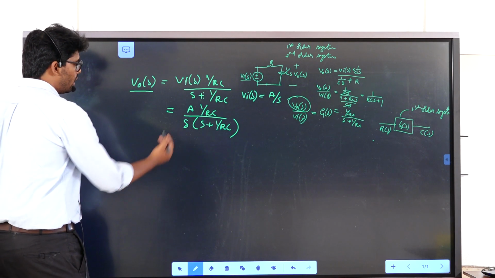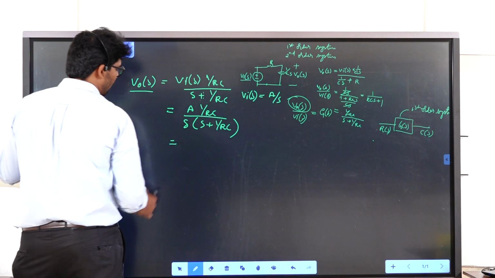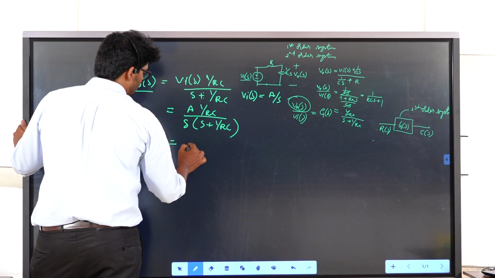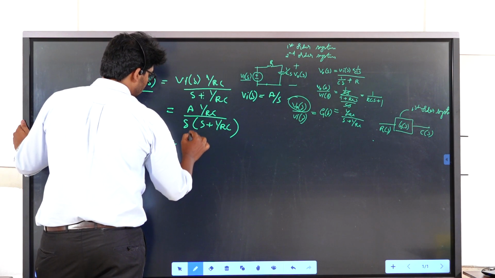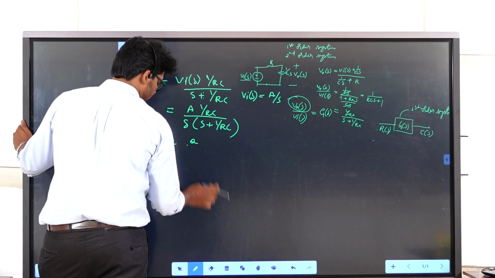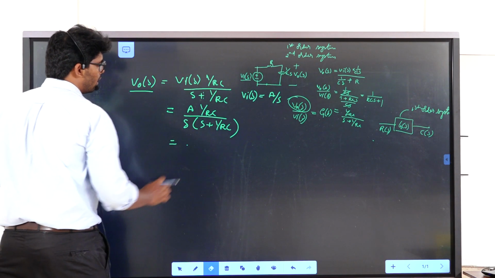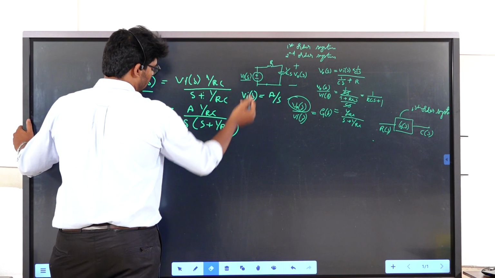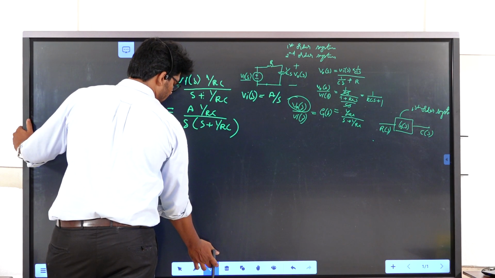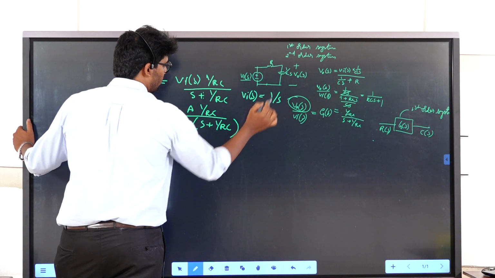Okay, so instead of A, let us say I am taking the input as unit input. Then my Laplace will be in the form of 1 by s.